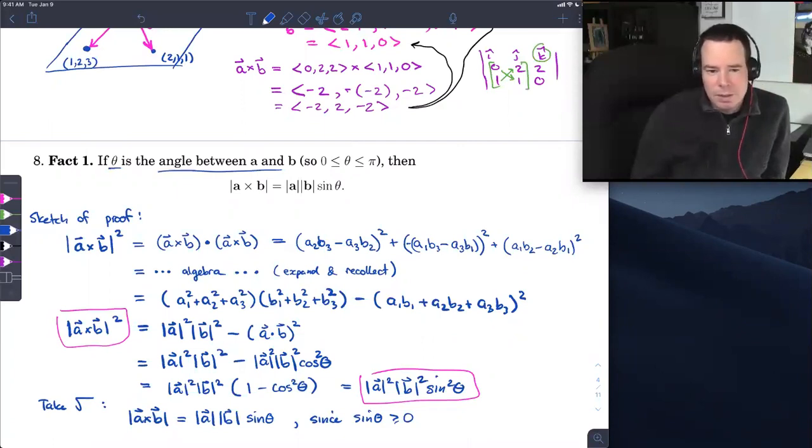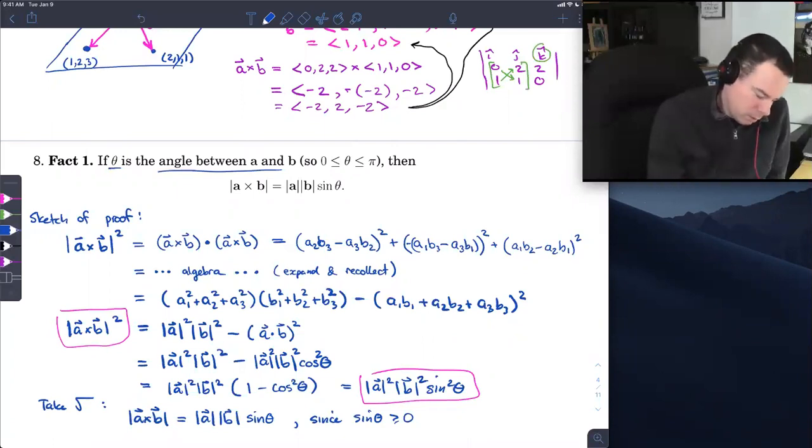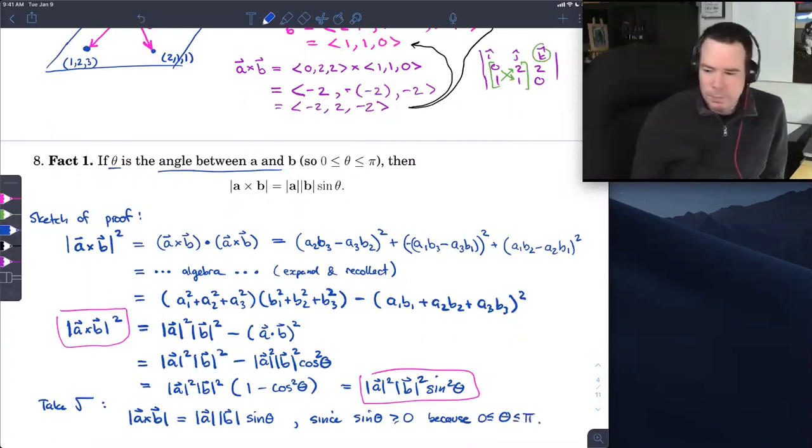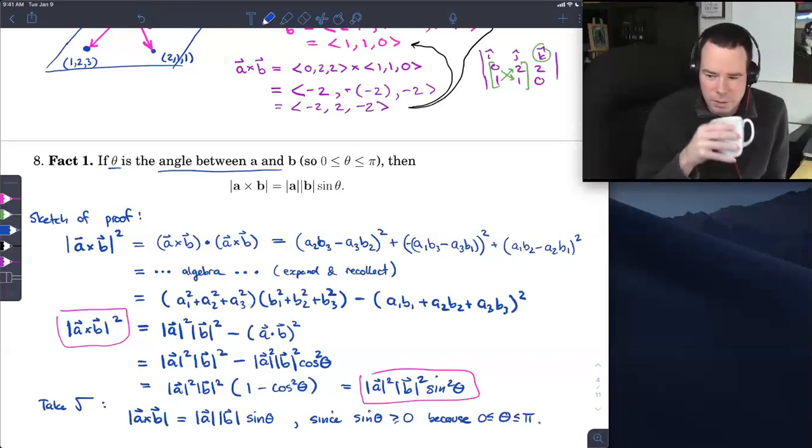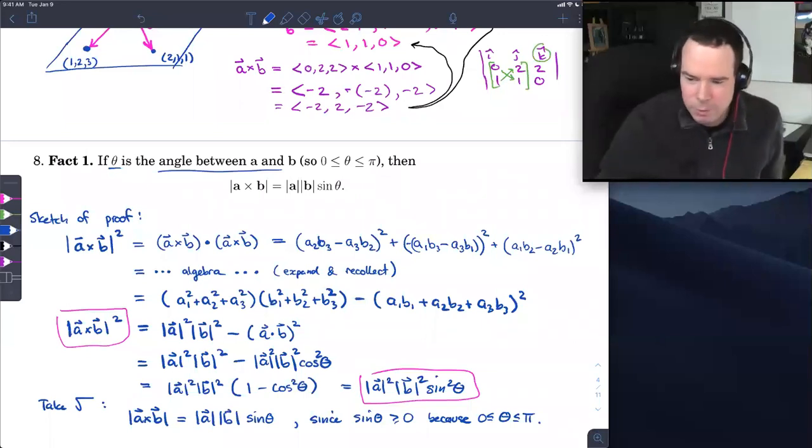So if it's between 0 and pi, or 0 and 180, then the sine of those angles is non-negative. So that was just how do we avoid having the absolute values around the sine theta? Well, we know it's non-negative because the angle measure is between 0 and pi.